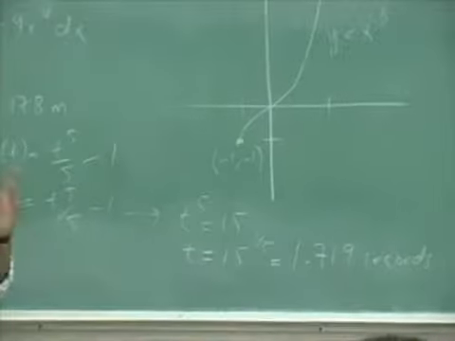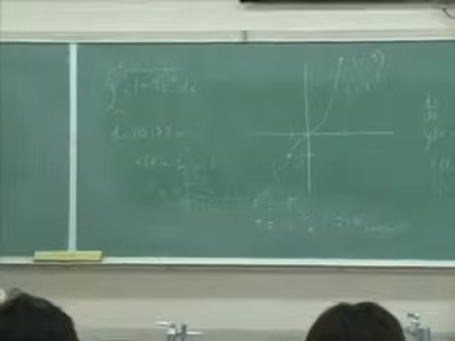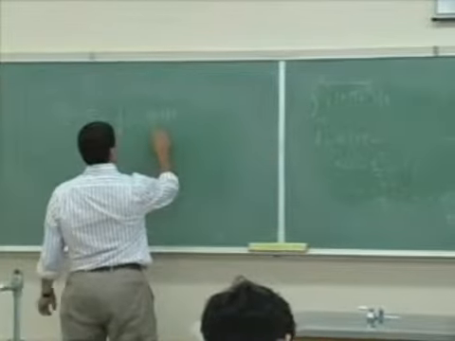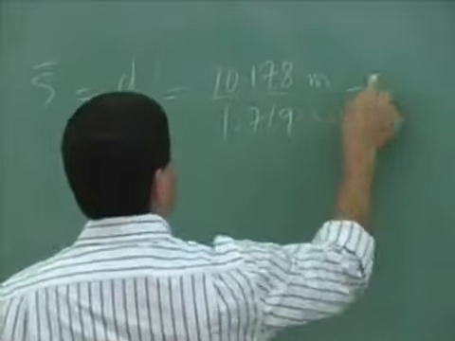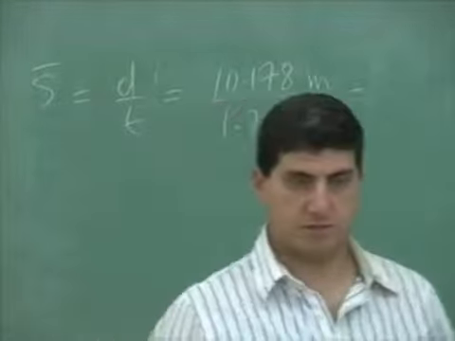Because now we're going to use that. So once you have the time, you put it over here. 1.719. This is the distance traveled in meters and seconds. That's going to give you the average speed.